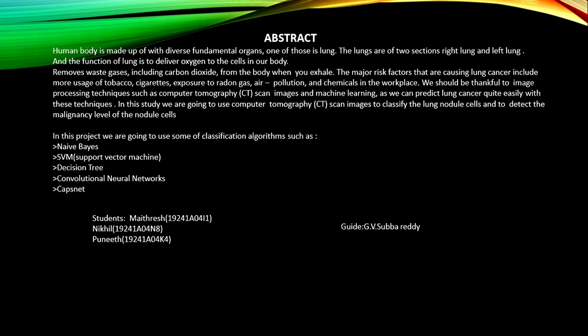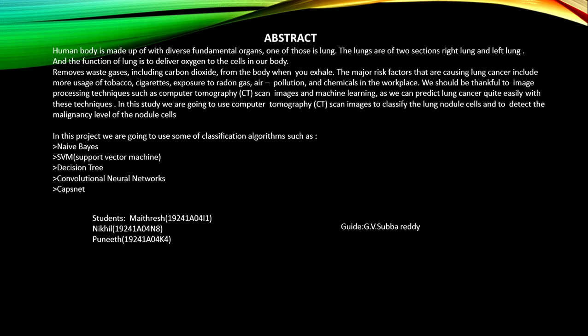The human body is made up of diverse fundamental organs. One of those is the lung. The lungs are of two sections, the right lung and the left lung, and the function of the lungs is to deliver oxygen to cells in our body and remove waste gases, including carbon dioxide, from the body when you exhale.